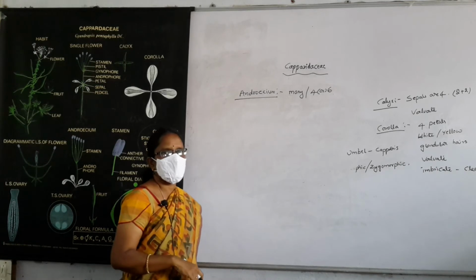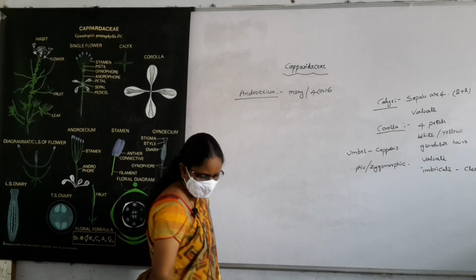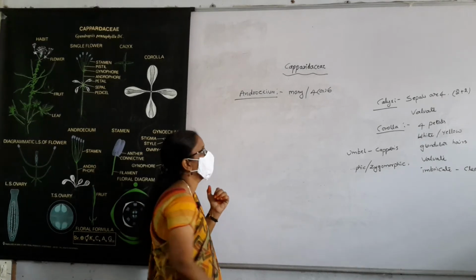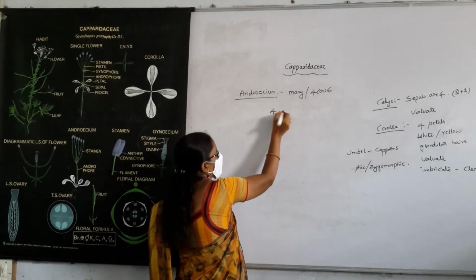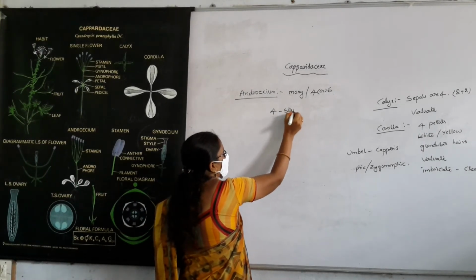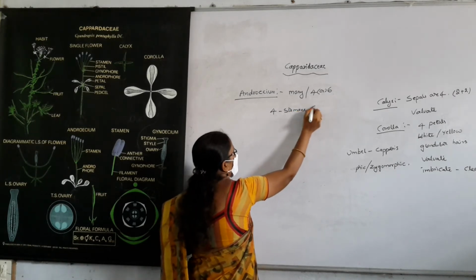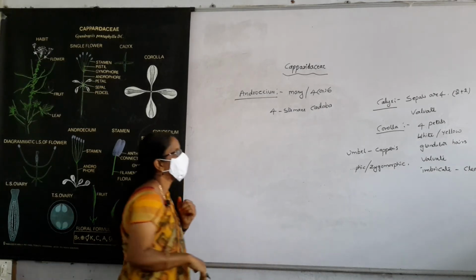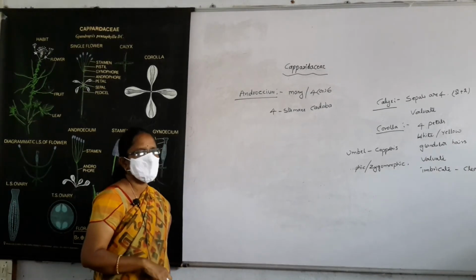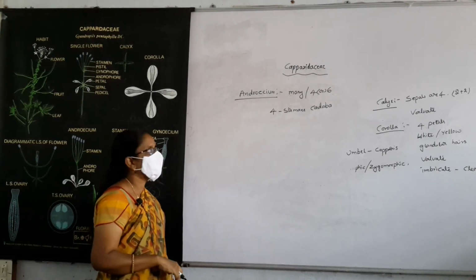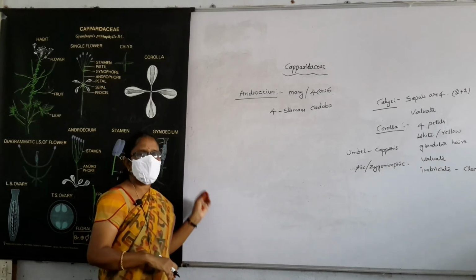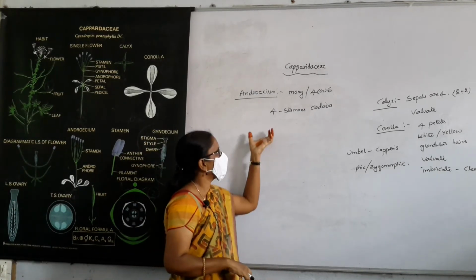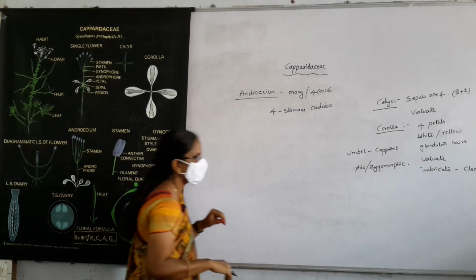Many, 4 or 6 stamens are present, and in Cadaba plants mainly 4 stamens are present. In some types of plants only 4 stamens are present.